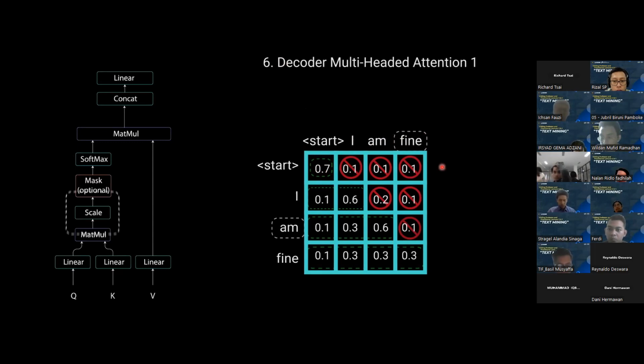During this process, attention is solely directed to start. So if we take a look at the token I, then we can only put the attention on start and I itself.